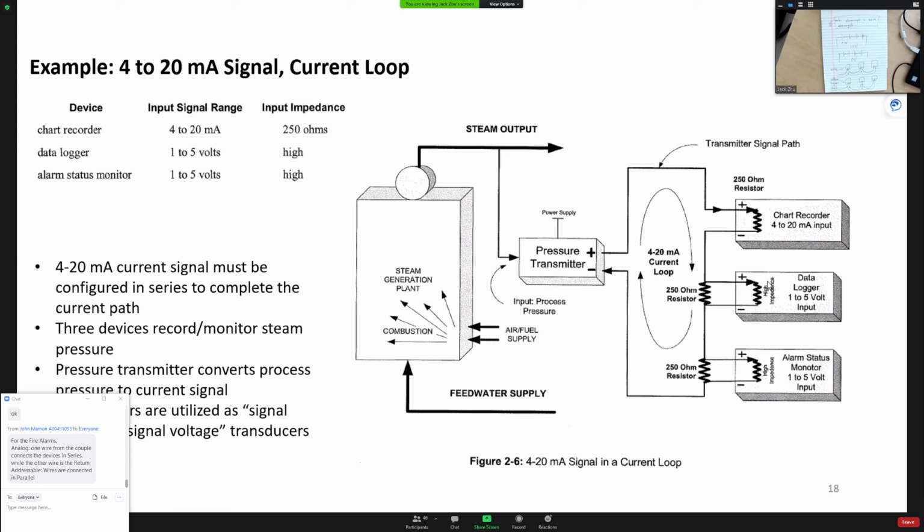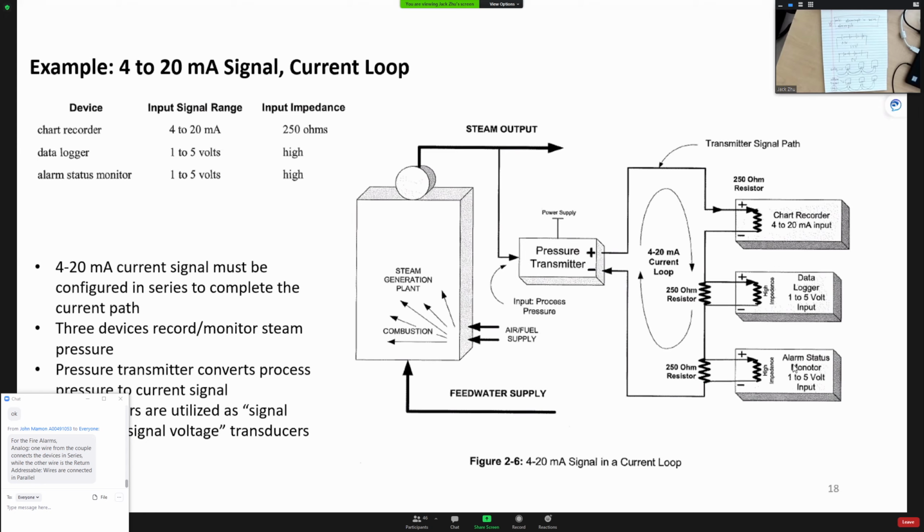Whatever they give to you, this chart recorder is taking a 4 to 20 milliamp input, and they can use a 250 ohm resistor to convert that 4 to 20 milliamps into a voltage signal. When they convert it into a voltage signal of 1 to 5 volts, they will know what the pressure is down there.